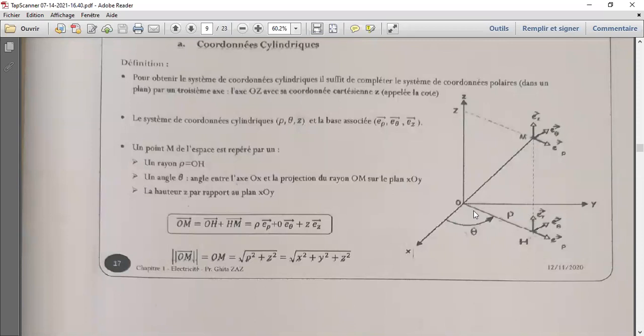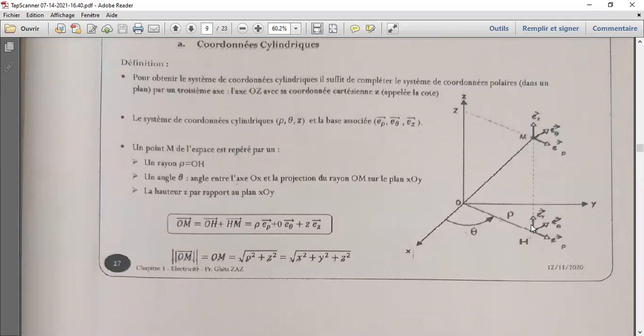Rho, as I said earlier, is a distance, the radius. Theta is the movement of the point, the angle which is changing, which I've already talked about.